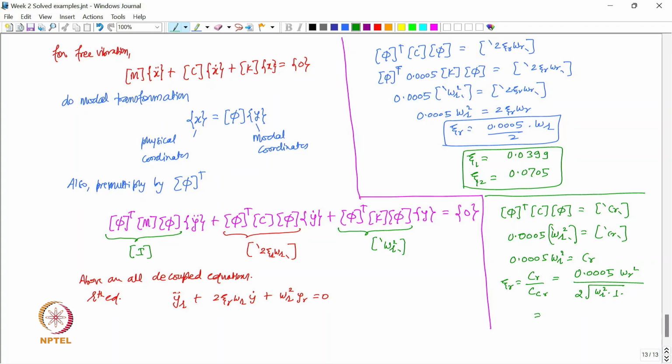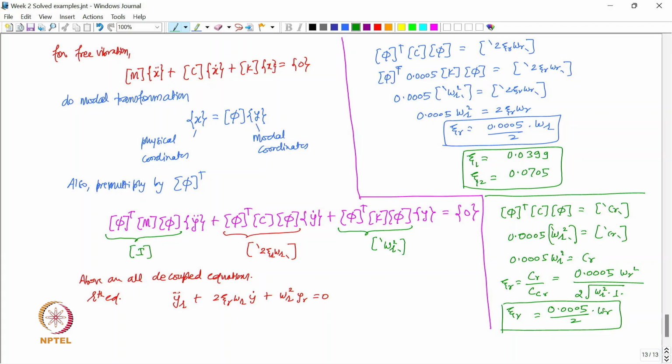So, you can see this leads to the same expression for zeta r as we got earlier, correct. In this way we have found the modal viscous damping factor for the two modes. So, this completes the solution of this problem.